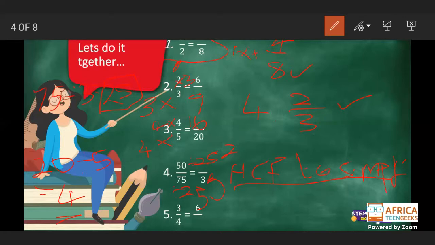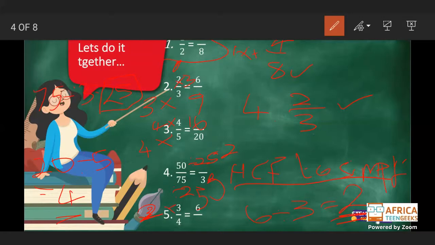To determine the number, obviously we must say 6 divided by 3. That gives us 2, right? So it means that they used 2 to multiply. They said 2 multiplied by 3 equals 6, right?